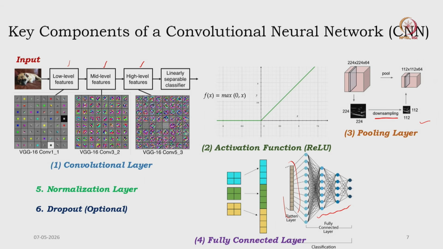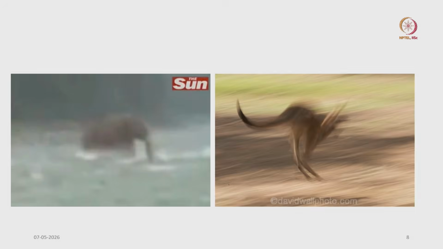These are regularization techniques, and that is normalization and dropout. So these two are optional. But otherwise, whenever we are dealing with a CNN, all these four are the important components: convolutional layer, activation function, pooling layer, and fully connected layer.